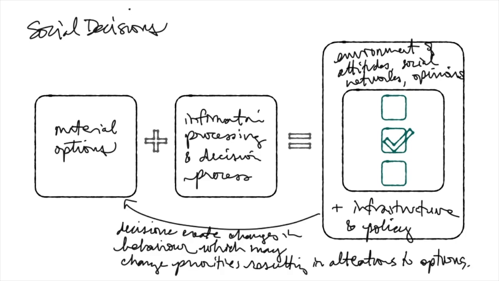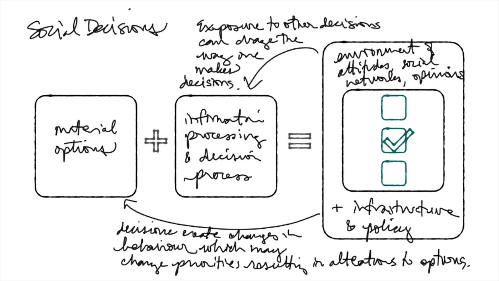The decisions create changes in behavior which may change social priorities, resulting in on-the-ground alterations to material options, such as installing more charging stations. This would be an example of internalization 1. At the same time, exposure to other people's decisions can change the way a person makes decisions in the future, an example of internalization 2. Maybe the friend network has more electric car users, and so somebody's influenced by their friends.